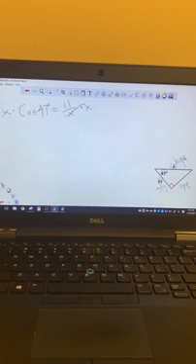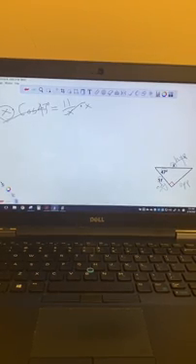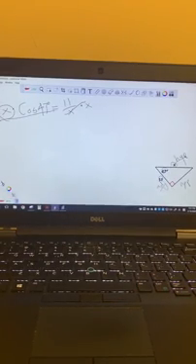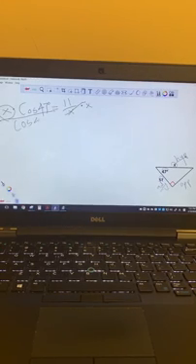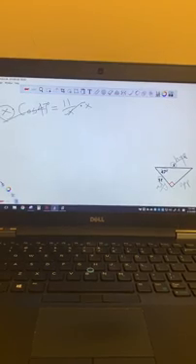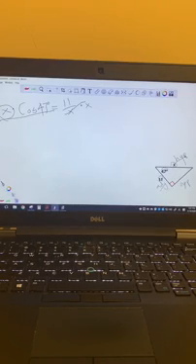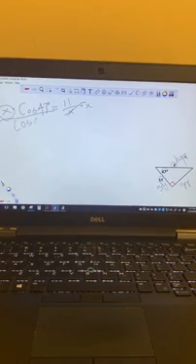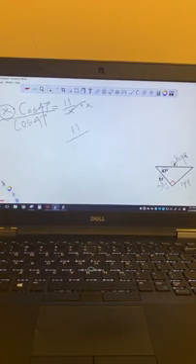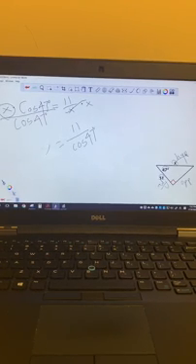Now we want x by itself, so we divide both sides by cosine of 47. So 11 divided by cosine of 47 degrees equals x.